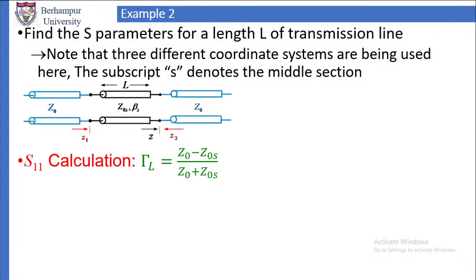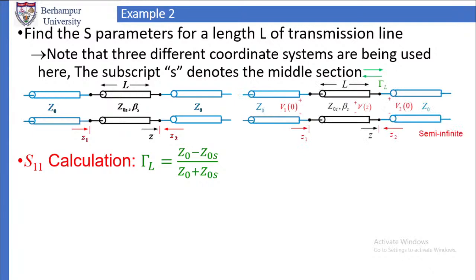Now we will calculate S11. Now you know gamma L, the reflection coefficient, is equal to (Z0 minus Z0s) by (Z0 plus Z0s). Now why is it this? Because for this transmission line section, the load impedance, or input impedance, is Z0, and the characteristic impedance of this section is Z0s.